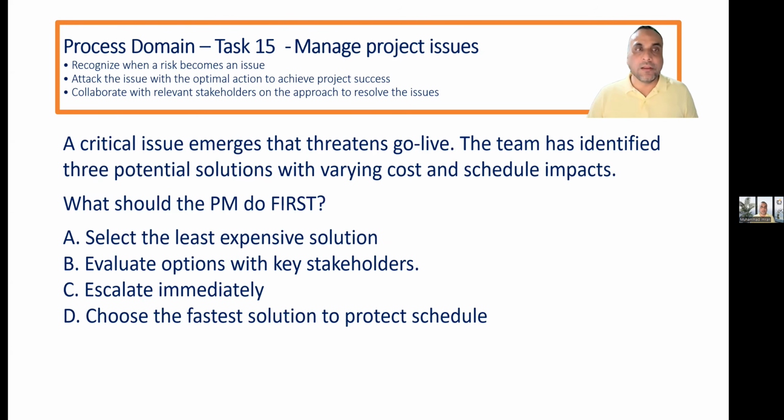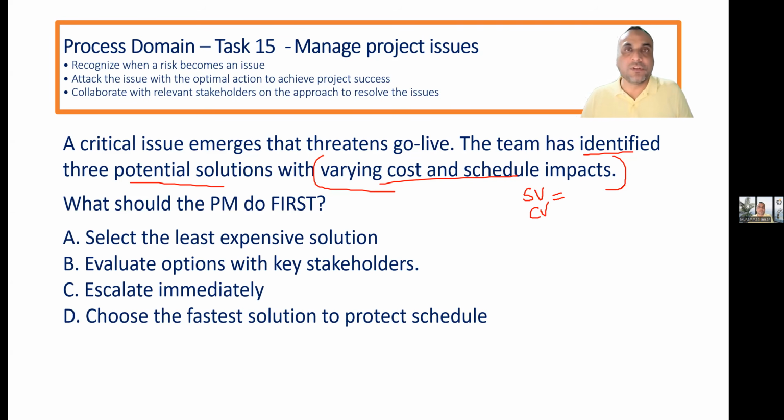Next, a critical issue emerges that threatens go-live. The team has identified three potential solutions with varying cost and schedule impact. You have a trade-off, right? To resolve the issue, you need to have a trade-off. When you read this and imagine you are going to approve it, what will be your schedule variance and cost variance?